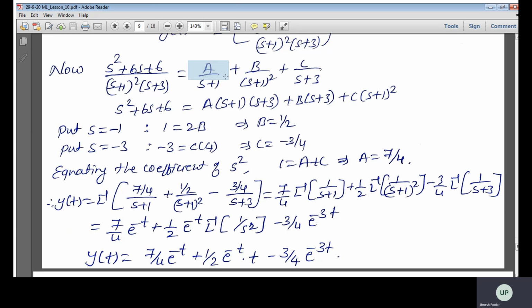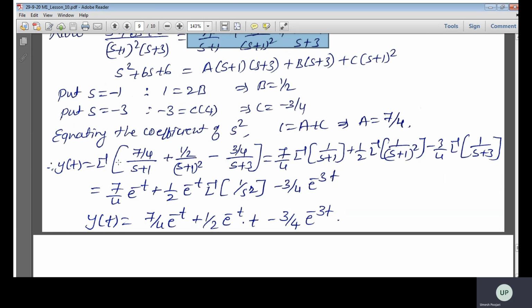Substitute all these values here, which gives L inverse of 7 by 4 divided by (s + 1) plus 1 by 2 divided by (s + 1)² minus 3 by 4 divided by (s + 3), which is equal to 7 by 4 into L inverse of 1 by (s + 1) plus 1 by 2 into L inverse of 1 by (s + 1)² minus 3 by 4 into L inverse of 1 by (s + 3).